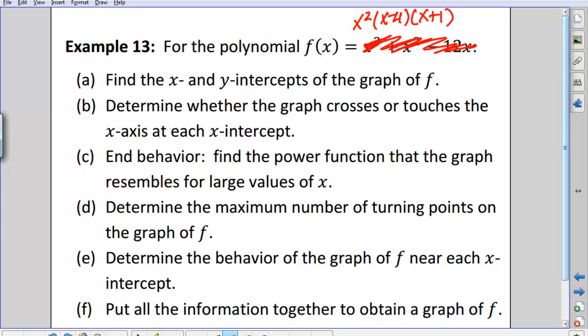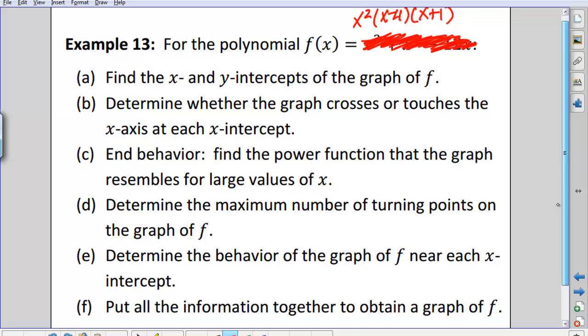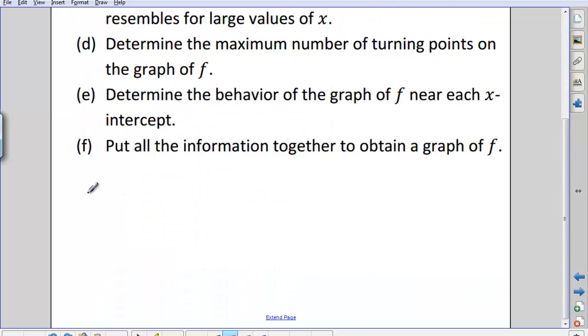A, x and y intercepts. Now this is already factored, right? So pretty easy to see the x-intercepts. They're going to be 0, 4, negative 1. So part A, (0, 4, negative 1).